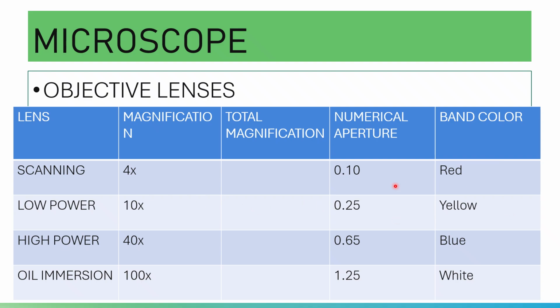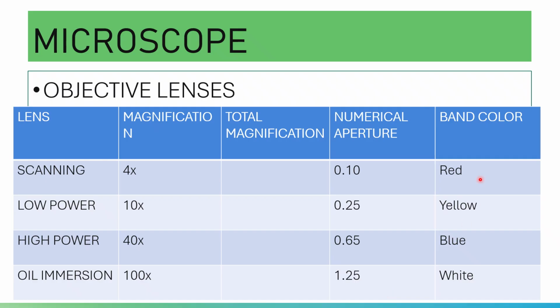The numerical aperture for scanning is 0.10. Numerical aperture for the low power objective is 0.25. Numerical aperture for the high power objective is 0.65, and for the oil immersion objective it's 1.25.